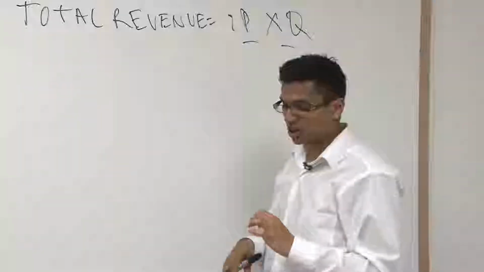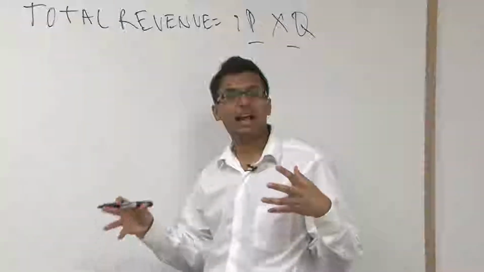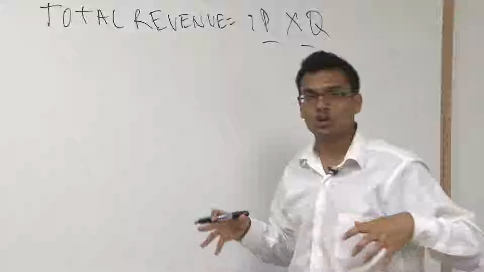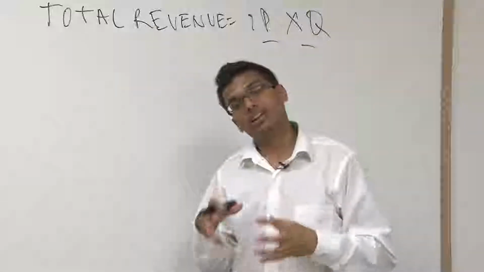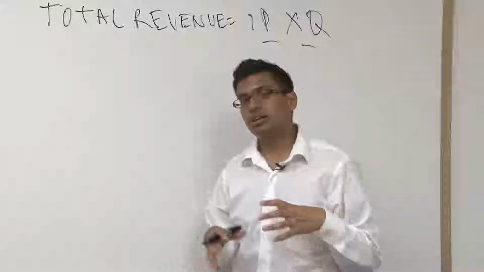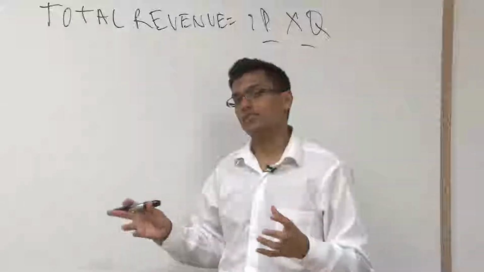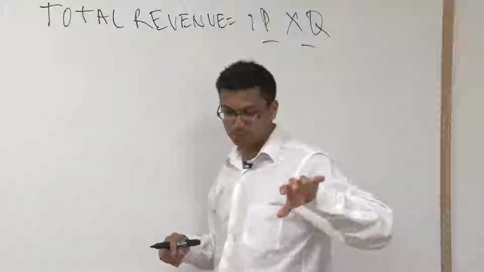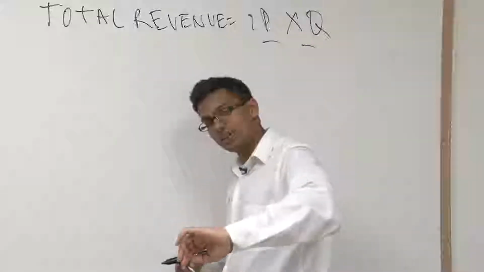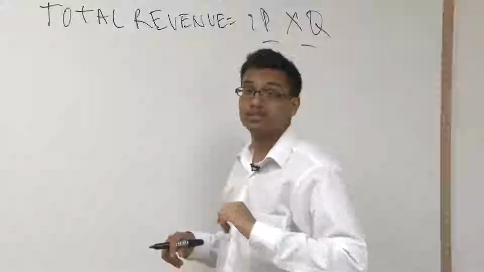So let's talk about this chart and how we can tell if it's elastic, inelastic, or unit elastic, based on the changes in price and quantity and how that affects total revenue. I'm going to have 4 columns: price, quantity demanded, total revenue, and price elasticity of demand.